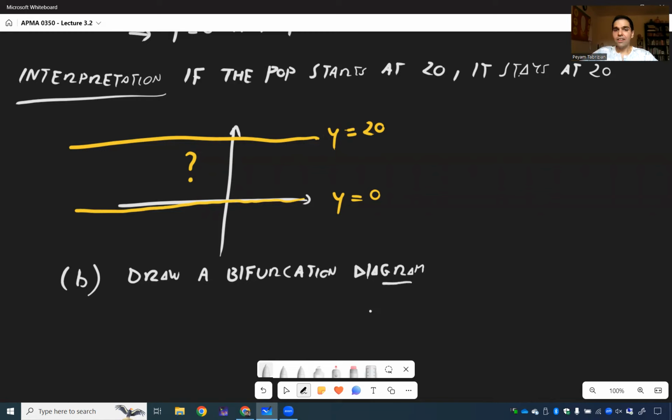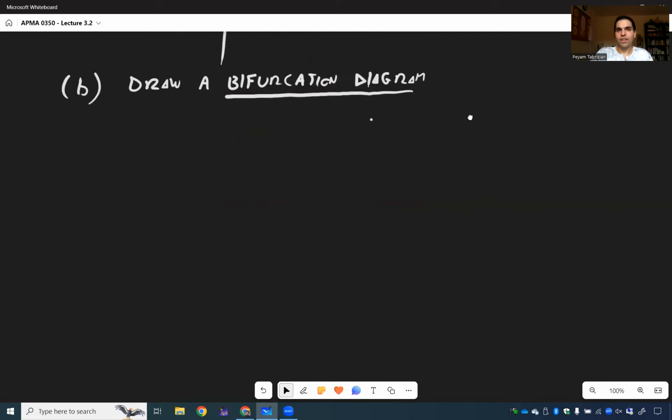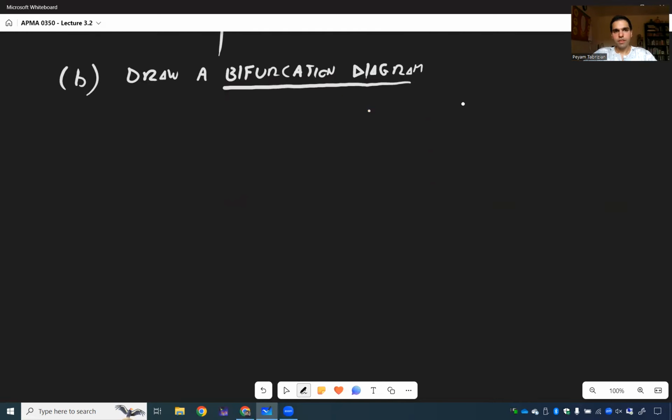And turns out this is exactly the same thing as that sign table that you use in calculus to draw graphs. So how do you do it? On the left-hand side, you draw y and all your equilibrium solutions. So minus infinity, 0, 20, infinity. And then on the left-hand side, you draw all your components of your differential equation.